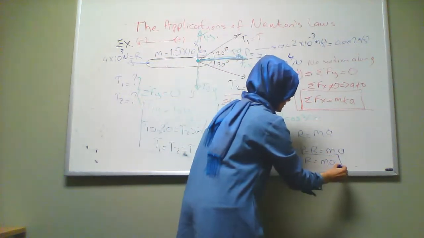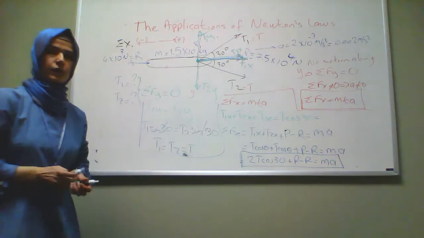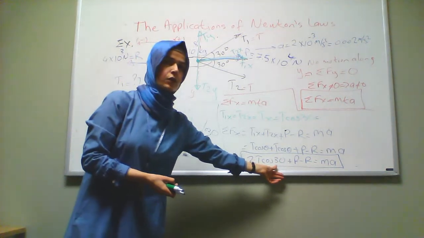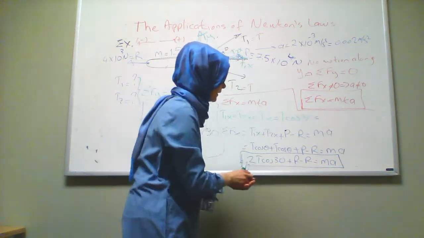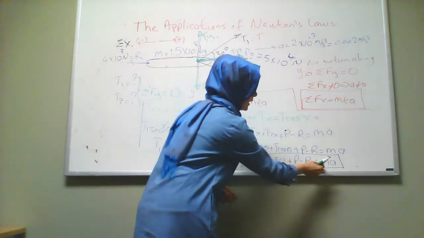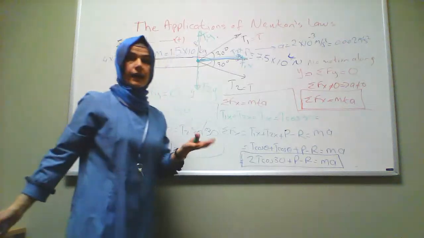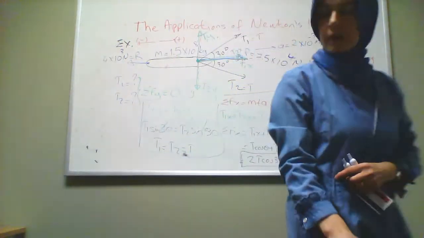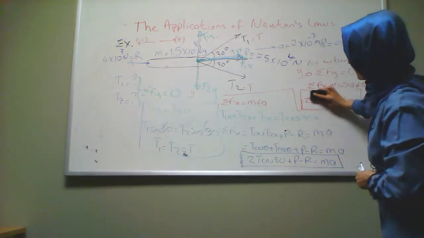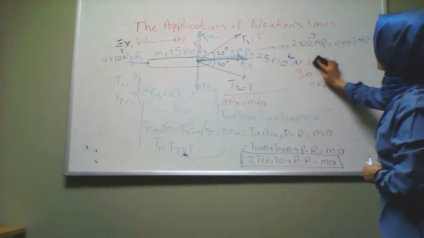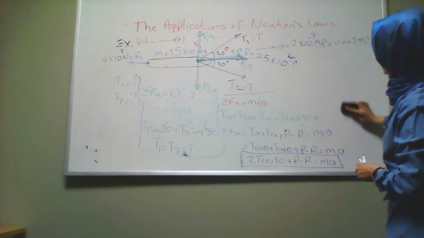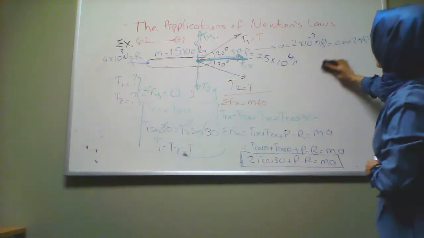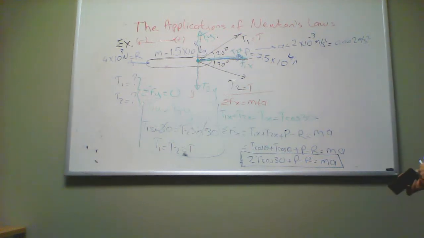Now delete some parts and carry this somewhere to solve. What I am solving for is T. I know cosine 30, I know P, and I know R, I know m, and I know a. I can solve for T now. Not gonna be enough. I have too small board, not good.